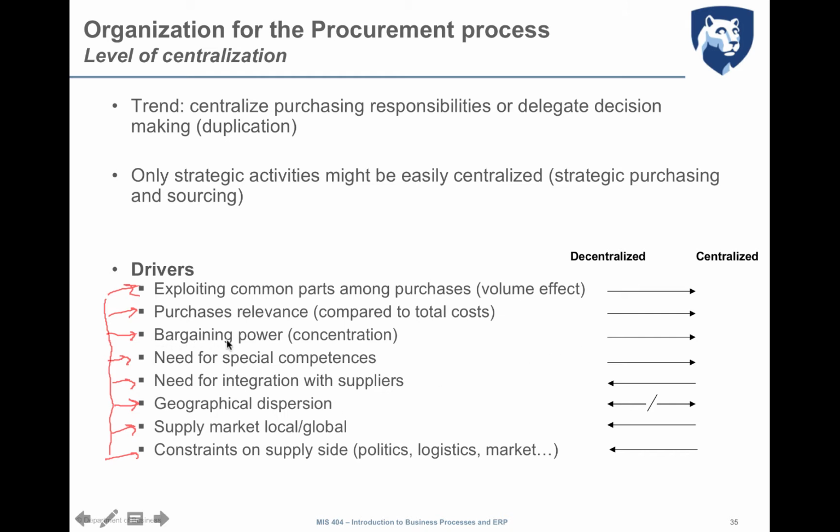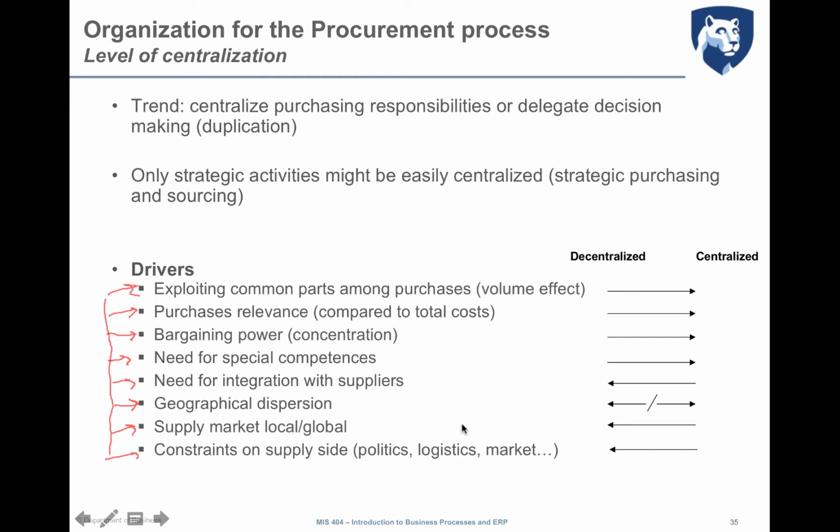Same if I want to gain bargaining power. If I centralize, I consolidate volume within a single procurement function, so I'm able to gain bargaining power by concentrating my demand. Same if I need special competencies. If I centralize, I can create special offices, specialized by purchasing category, able to focus their attention on buying specific categories.